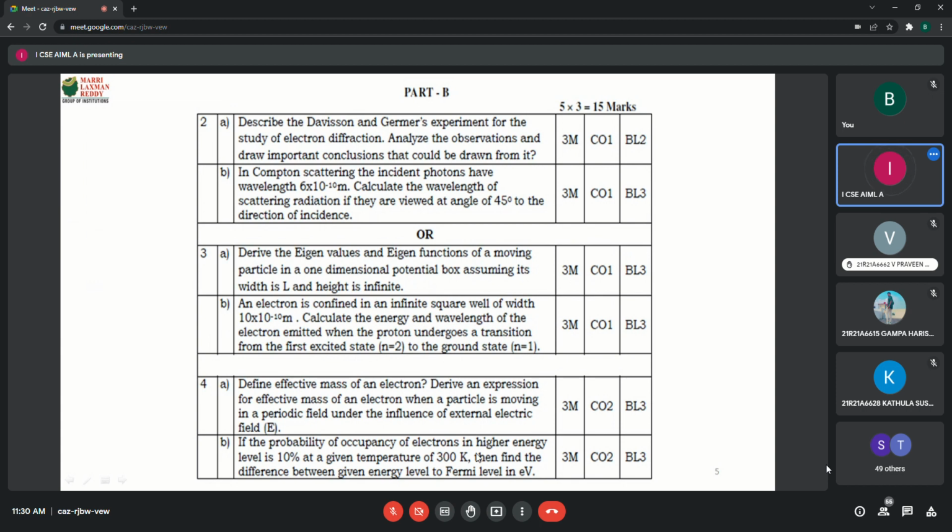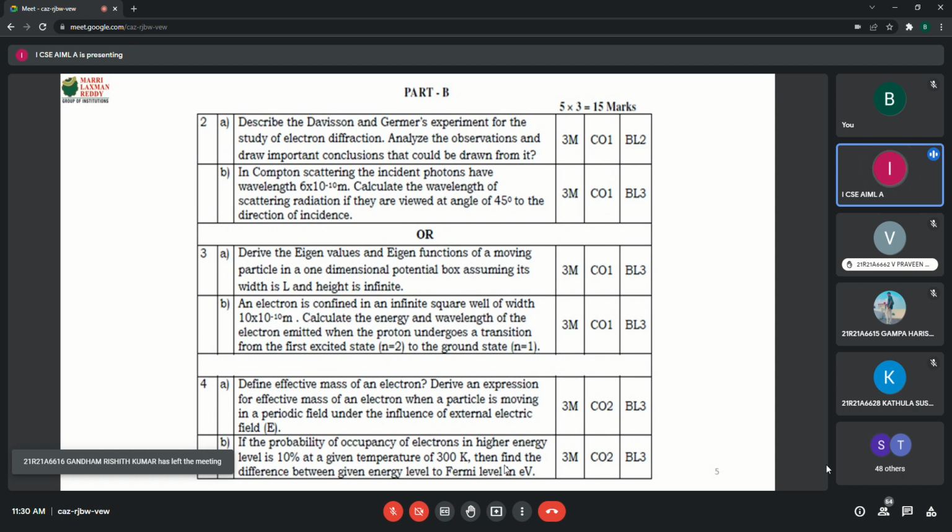One more important thing: when you are solving such problems, unit conversions have to be done compulsorily. Why? Because (E minus EF) by kB is there. kB is the Boltzmann constant, and that value we always write in joules only. Units are joule only. That's why the E and EF values also you have to convert into joules and write. Altogether you convert into electron volt at last, if asked to find E minus EF in electron volt.